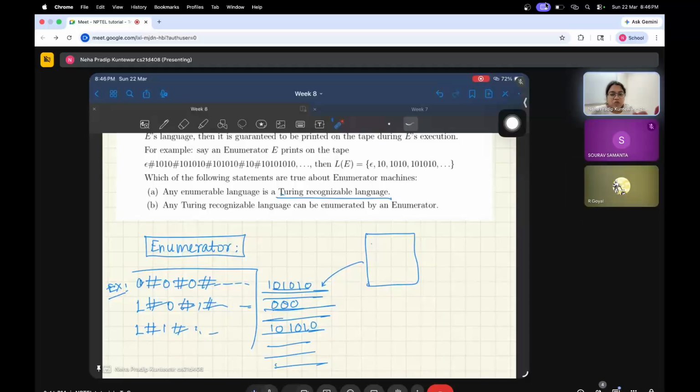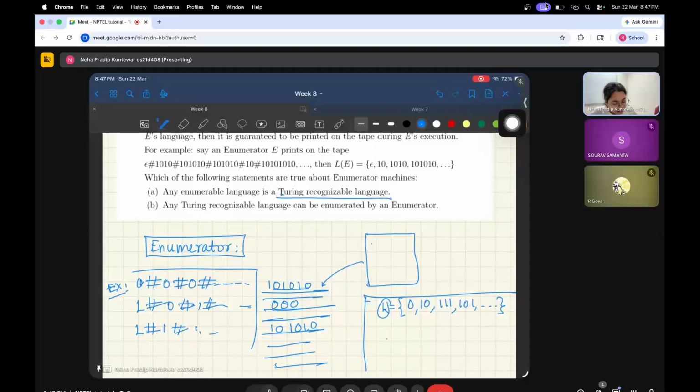So for any language you want, you can define an enumerator, right? If you want this particular language, then I can define my enumerator which will accept this language. So what will that enumerator do?